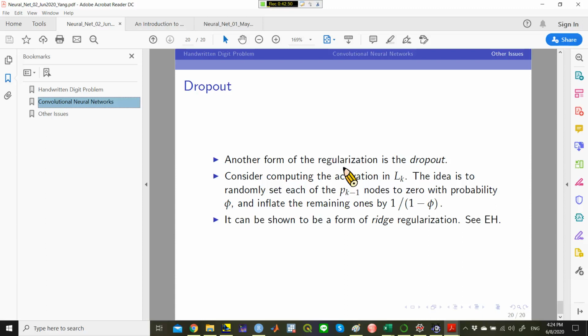We are not changing anything in our algorithm. I just randomly pick some activations, set them to 0, double the others, and I train the model. It can be an easy way to do regularization. And that is our last slide for CNN and the last slide for our course. Thank you very much.